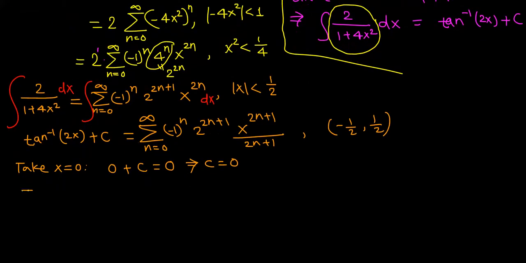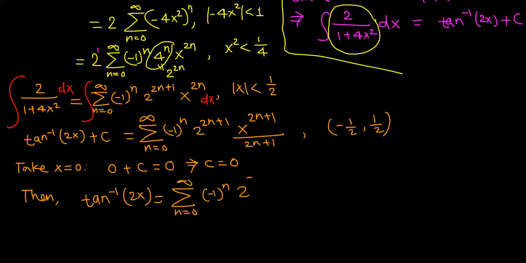Okay, then we have the power series for tangent inverse of 2x, which is here: the sum of (-1)^n times 2^(2n+1) x^(2n+1) over 2n+1, and this is valid on -1/2 to 1/2.